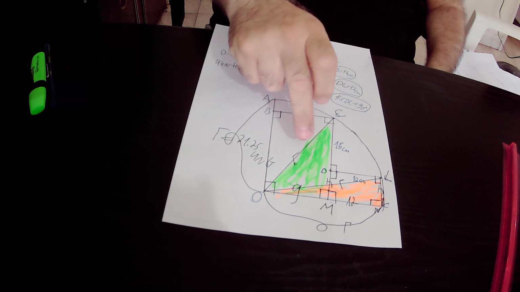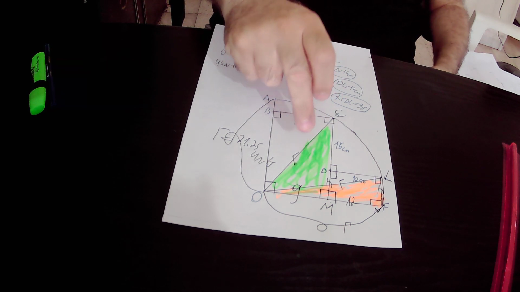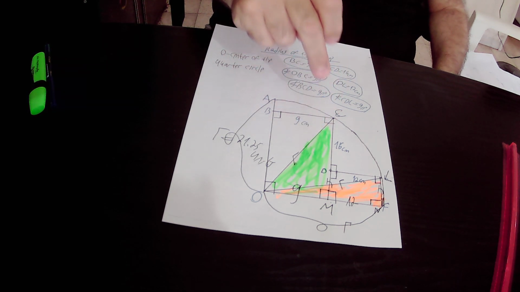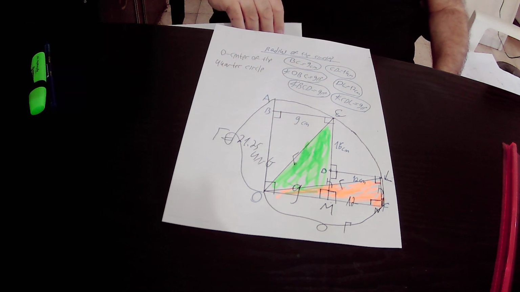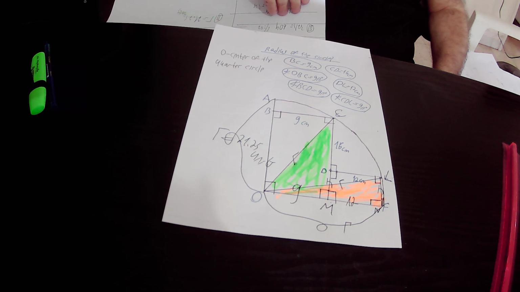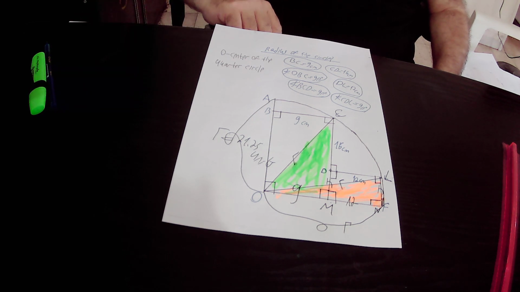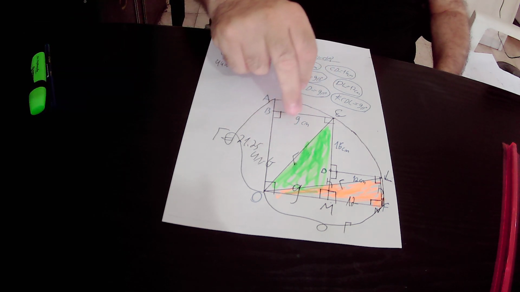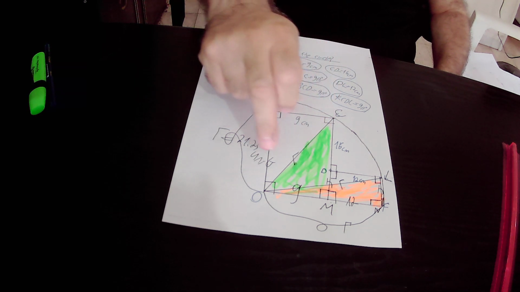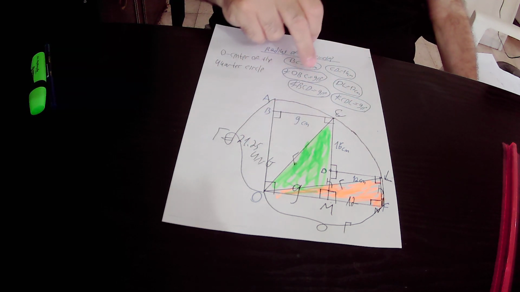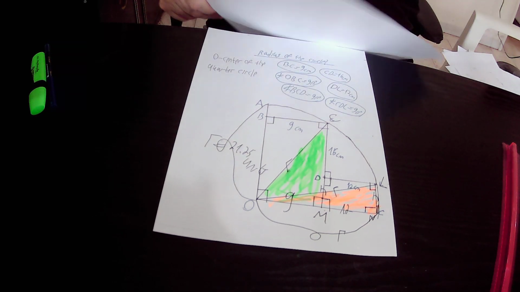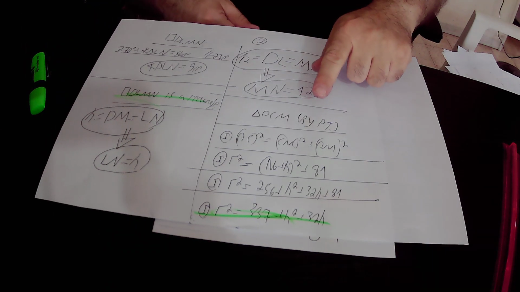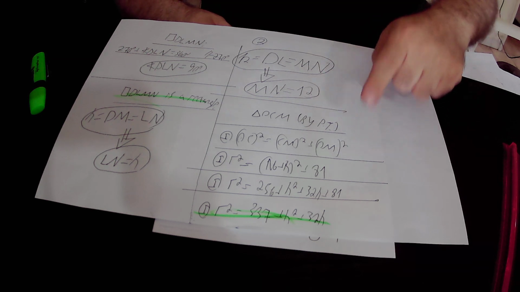Then we apply the Pythagoras theorem on the right triangle OCM. According to the Pythagoras theorem on the right triangle OCM, OC square equals CM square plus OM square.